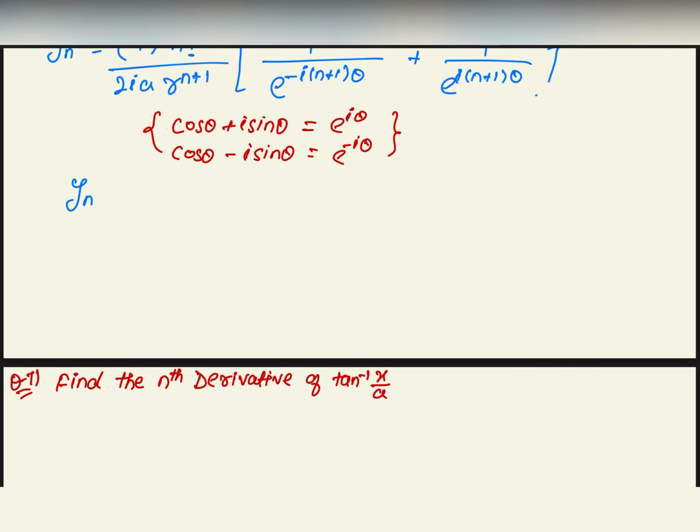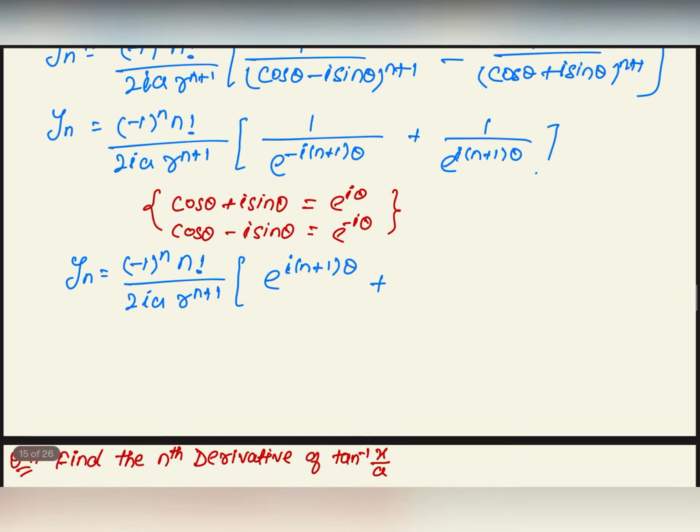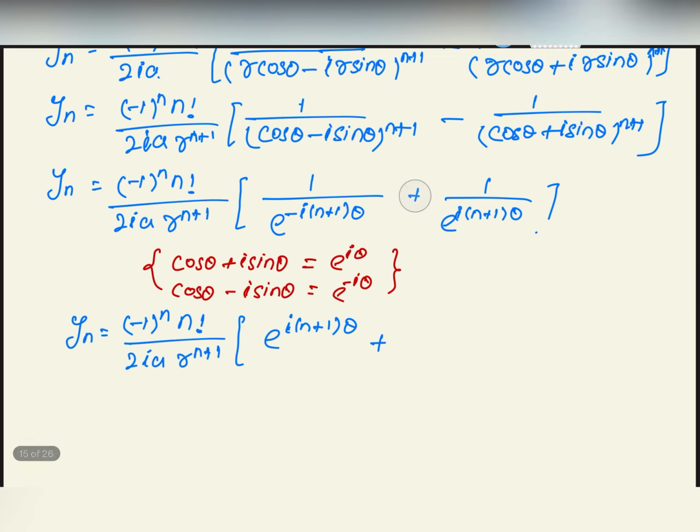So yn is equals to minus 1 to the power n into factorial n divided by 2ia r to the power n plus 1 e to the power, ये ऊपर जाएगा तो प्लस आ जाएगा i n plus 1 theta, सॉरी यहाँ पे एक माइनस आएगा, minus e to the power minus i n plus 1 theta.